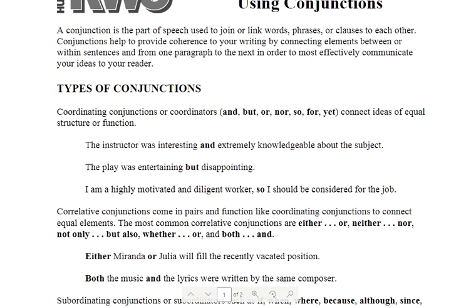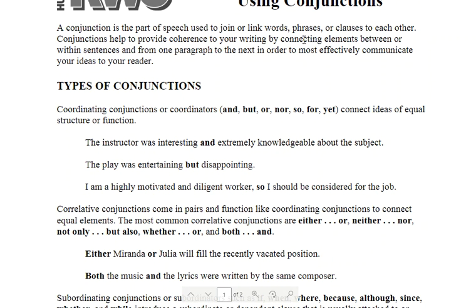A conjunction is a part of speech used to join or link words, phrases, or clauses to each other. Conjunctions help to provide coherence to your writing by connecting elements between or within sentences and from one paragraph to the next in order to most effectively communicate your ideas to your reader.